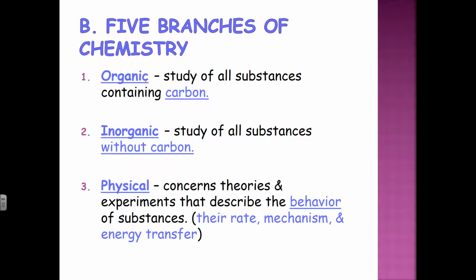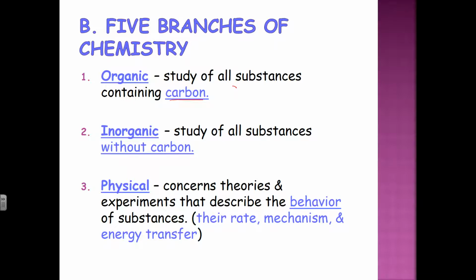Organic chemistry is defined as the study of all substances that contain the element carbon. Notice here in my slides, I have tried to connect the key word in the definition with the branch of chemistry. So organic chemists study substances that contain carbon. For example, many of these are called hydrocarbons.